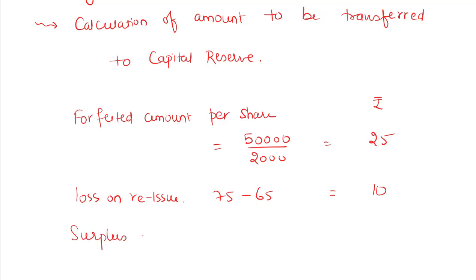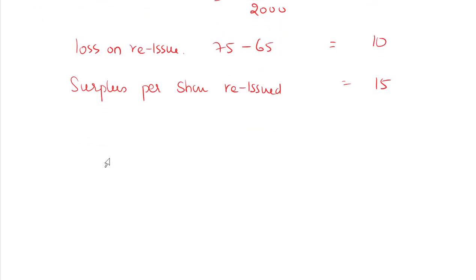Surplus per share reissued is 15, and at last this 15 is transferred to capital reserve.